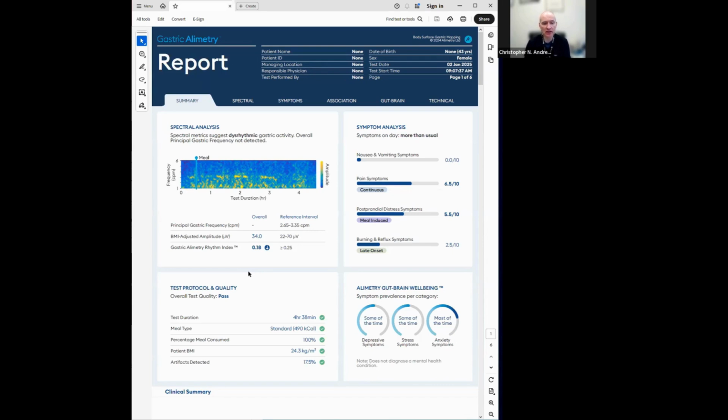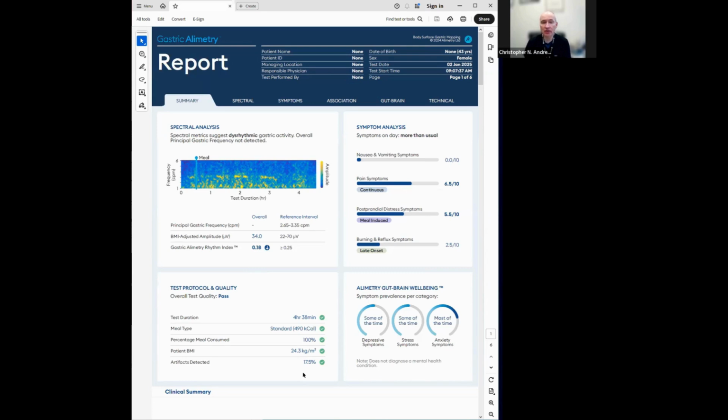We also noted that the design of the study was standard, so they did 4 hours, 38 minutes, which means that they did at least a 4-hour postprandial assessment. And the artifacts, which generally should be less than 50%, you can see here we're only 17.5%. So overall, the test quality is adequate, and we can move forward analyzing the study.